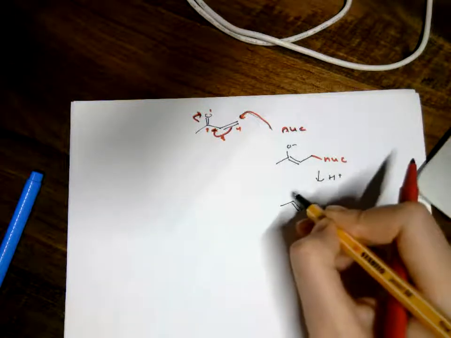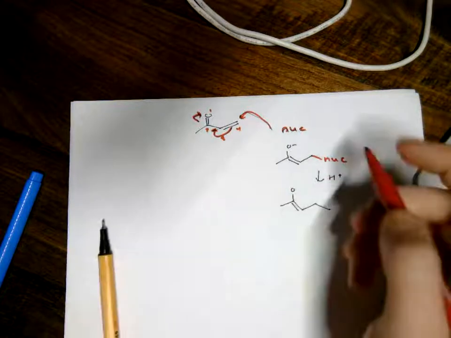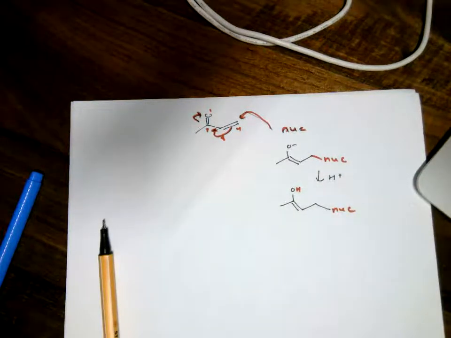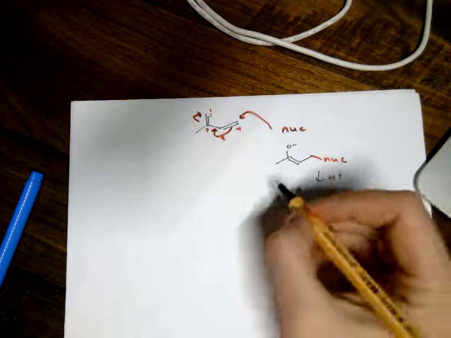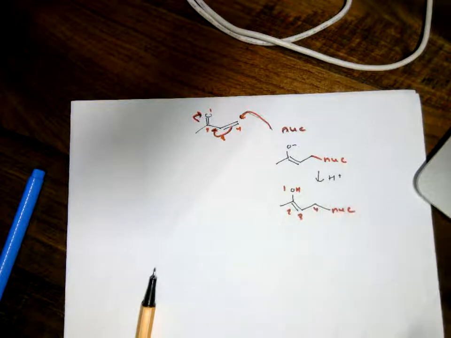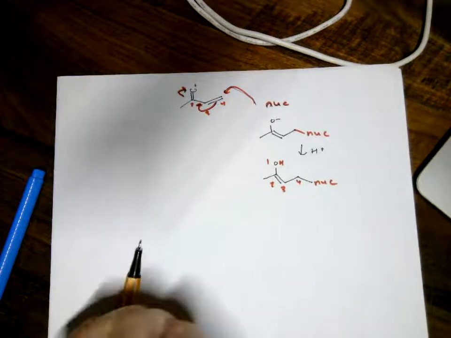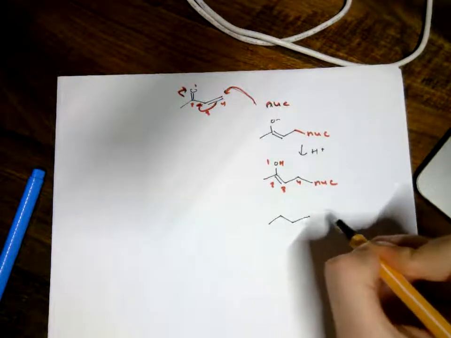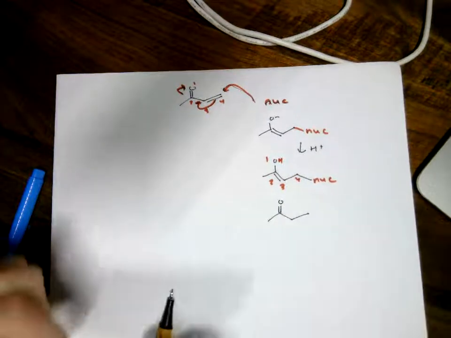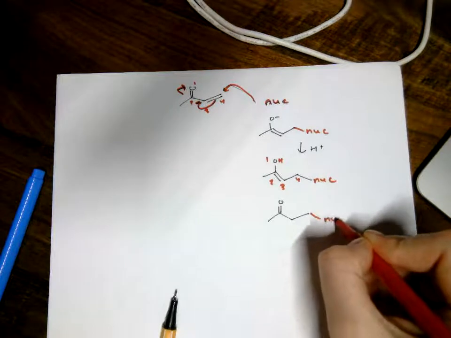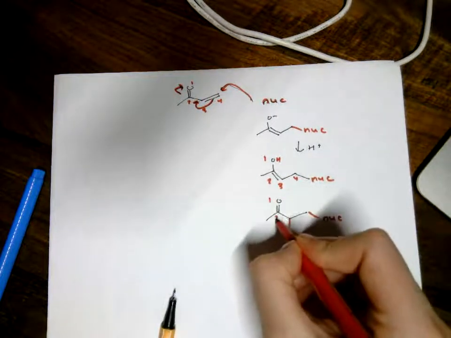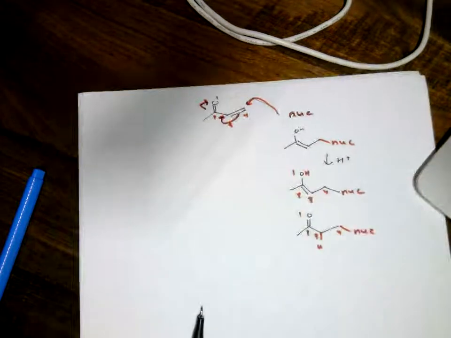So you get your H and your nucleophile. So at this point, the hydrogen has added to position 1, and the nucleophile has added to position 4, and then it undergoes a keto-enol tautomerization, and you basically just end up with this, the nucleophile here, and the hydrogen has moved over to carbon 3, and so really you get a 3,4 addition.